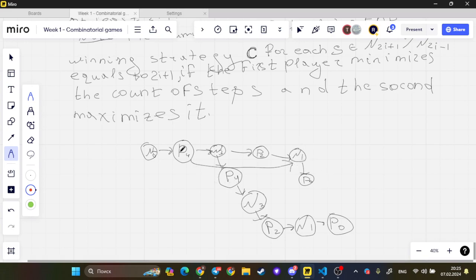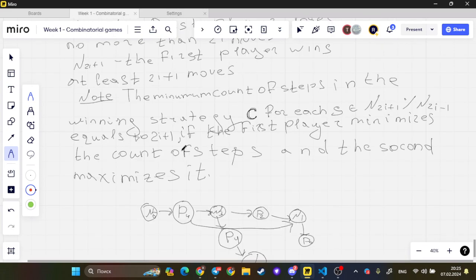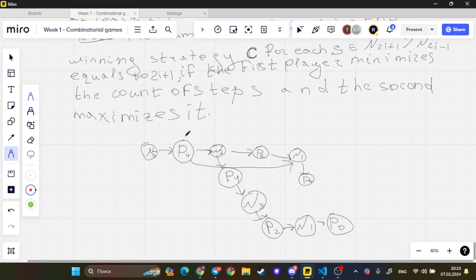It means the winning strategy was... just one second, I think.